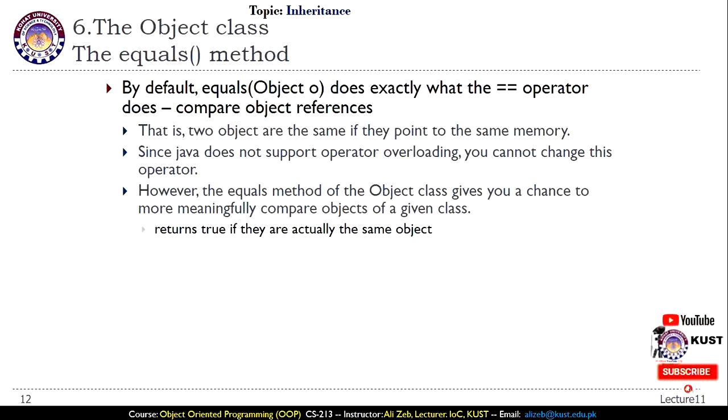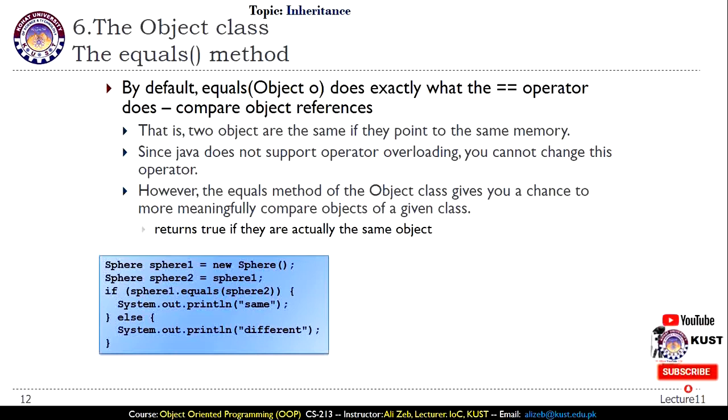So basically, we can compare the objects of a class for equality, and if they are equal, we should return true if they are actually the same object. For example, we have this object of the Sphere class, sphere1, which has been declared and initialized, and another object, sphere2, which has been initialized to sphere1.